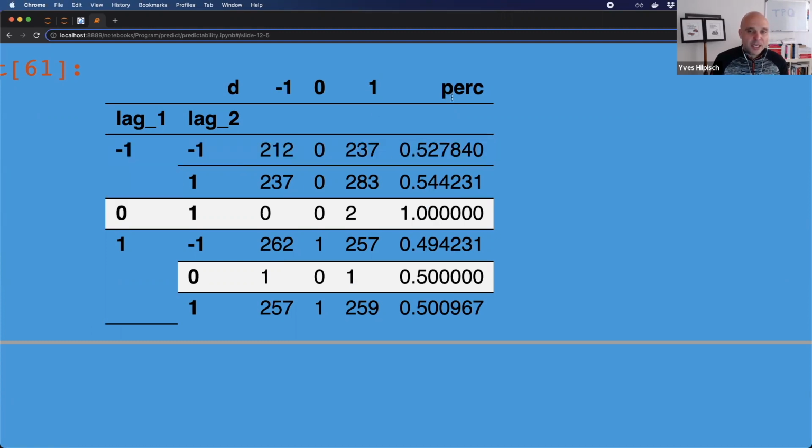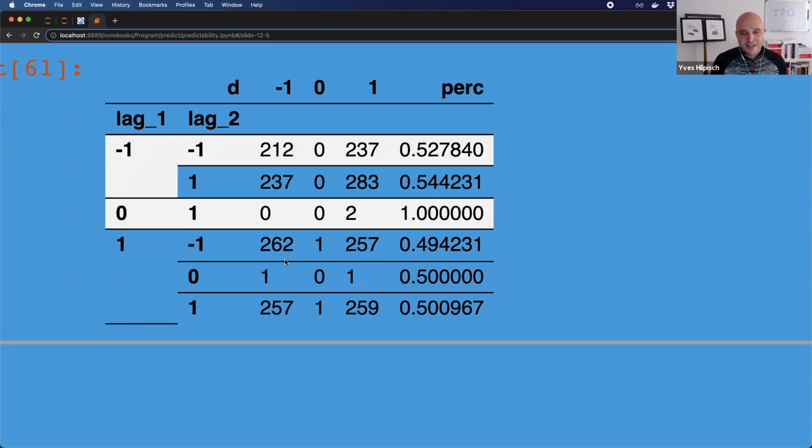So the frequentist probability for an upwards movement is 52%. If we have observed -1 and +1, the probability for an upwards movement is 54%. So here we have a special case. I skip over that. And then you see here the two other major cases, 1, -1 and 1, +1. Here it is pretty close. So it's 50% and 49%. So this might look more promising than the part below.